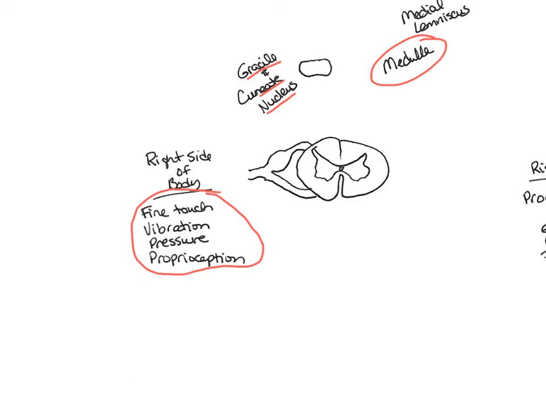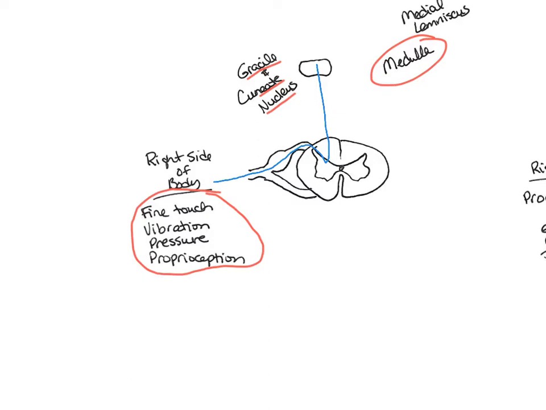Now this one is going to look a little different because of that first order neuron. So here you're having some fine touch. Fine touch is going to come in through that dorsal root, but it's not going to synapse. Instead, it's going to go straight up to that gracile and cuneate nucleus in the medulla, right?